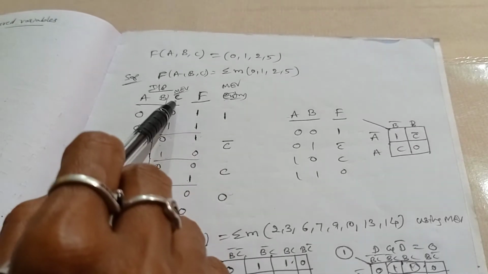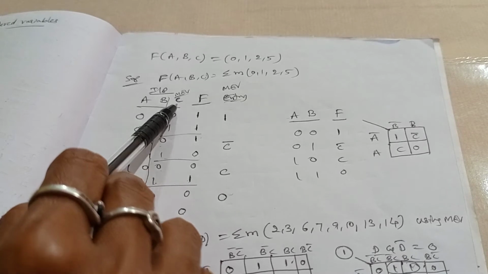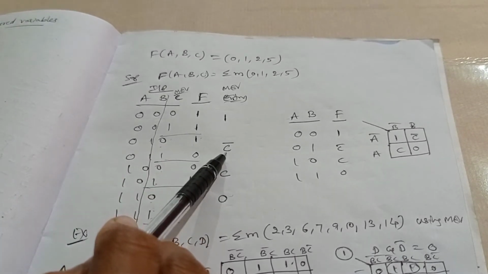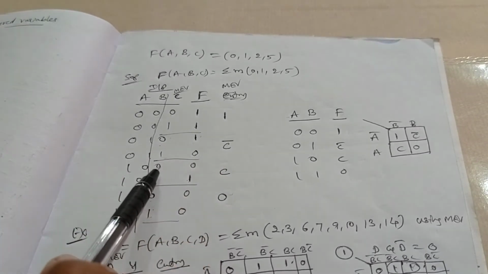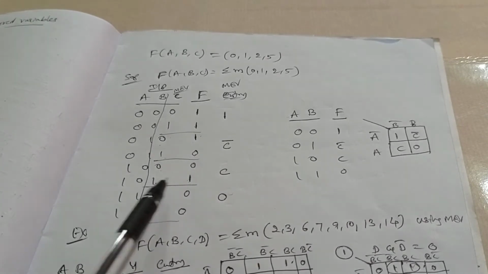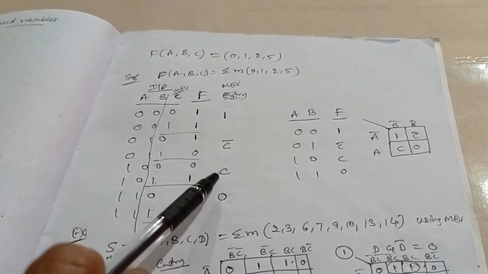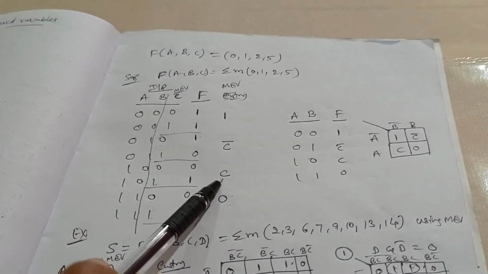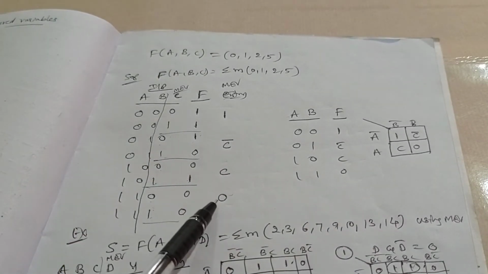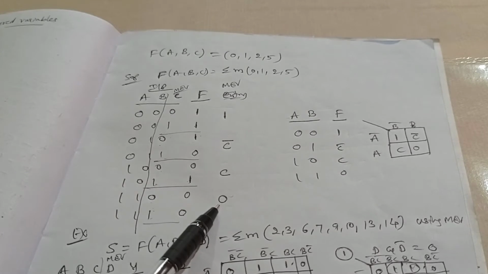Here the MEV is C, so make it C bar. Where input and output are both the same, that means MEV, which is C, so enter C. Where both are 0, we can directly write 0.